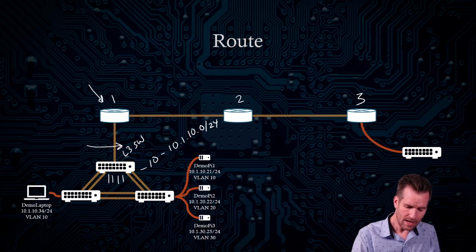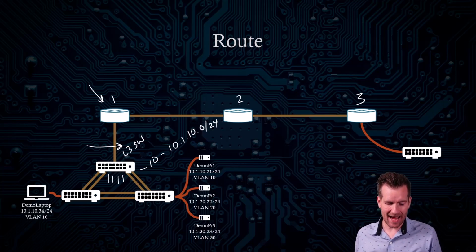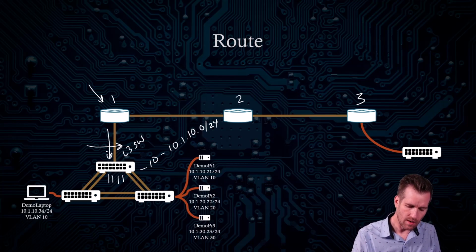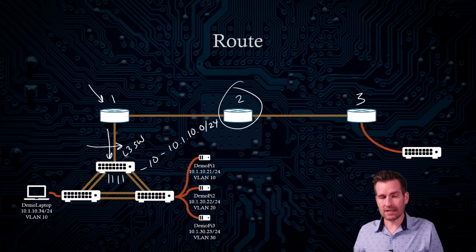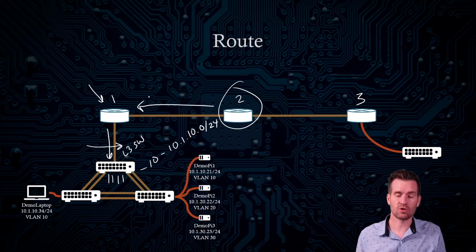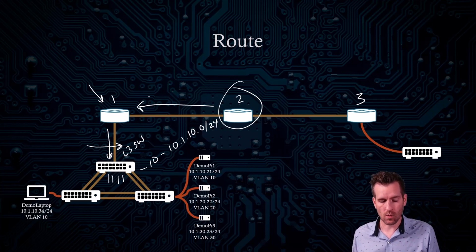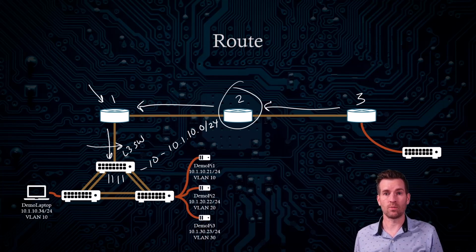However, for router 1, this network is not directly attached. And so it has a route, but the route points to this switch. Same thing with router 2. Router 2 understands this network of 10.1.10.0 and knows how to get to it, but it knows that it gets through router 1. And then router 3 understands it gets to that network through router 2.